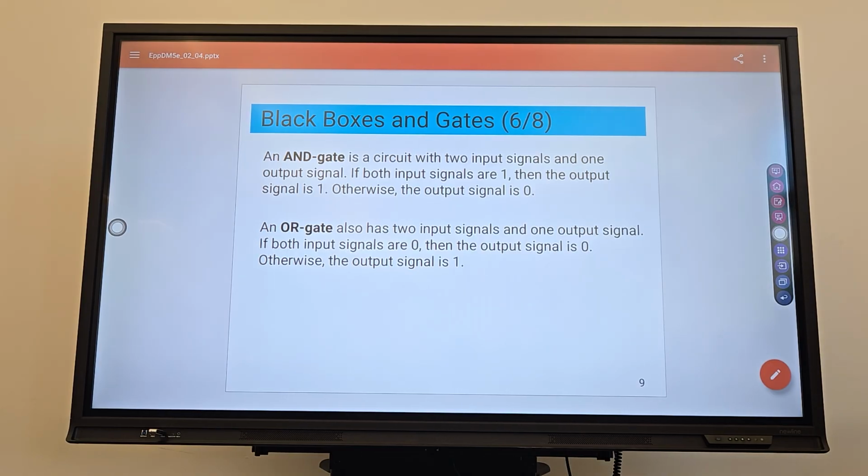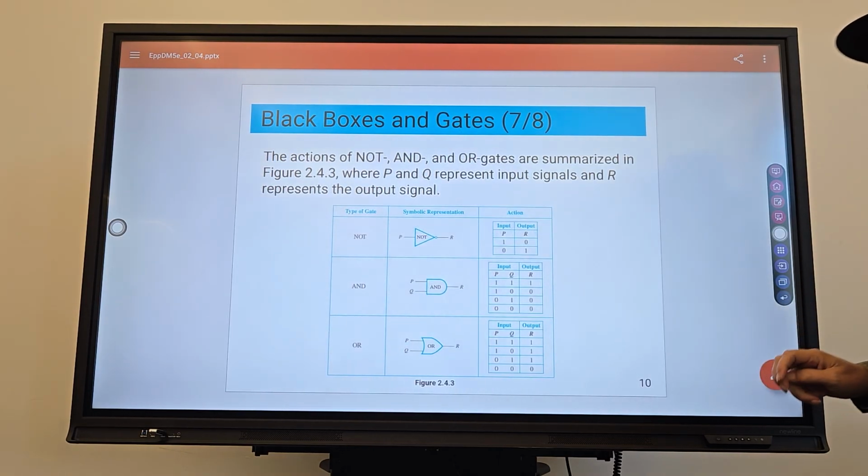The OR gate is like the OR function we've been studying. 2 inputs, 1 output. If either input is 1, then the output is 1. If both inputs are 0, then the output is 0. Those are the symbols and the state tables for those gates.